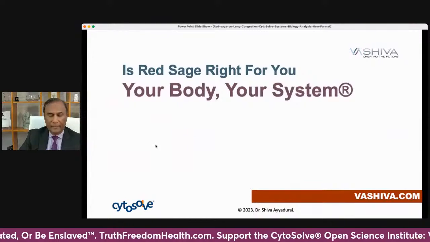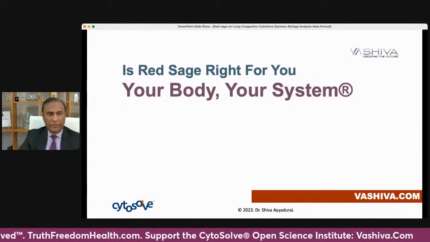All right. So what we've just reviewed here is the molecular machinery that red sage's molecules affect. Again, three very powerful effects: anti-fibrotic, anti-COPD, and anti-mucus secretion. I hope that helps everyone.